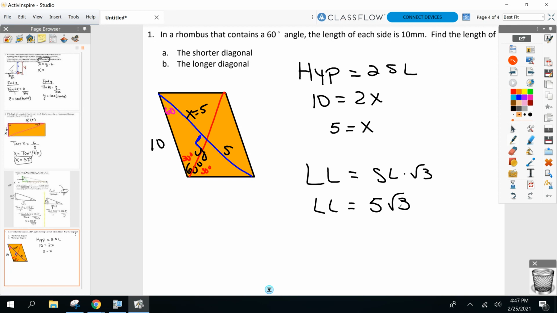So this is going to be 5 radical 3. And I know I'm making a mess here, but I'll draw an arrow instead. 5 radical 3 because they bisect each other. So the other diagonal is 10 radical 3. So that looks like it's the longer one. So the longer one is 10 radical 3, and the shorter one is 10. Just using my 30, 60, 90 rules.